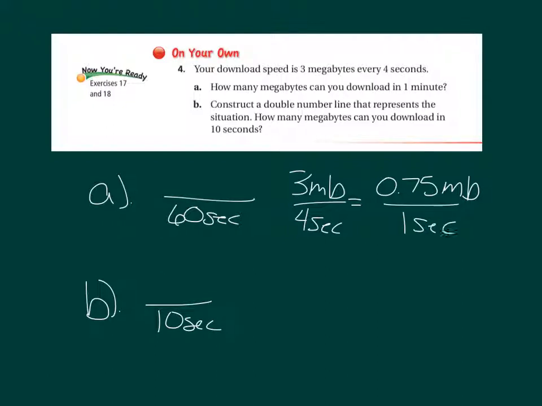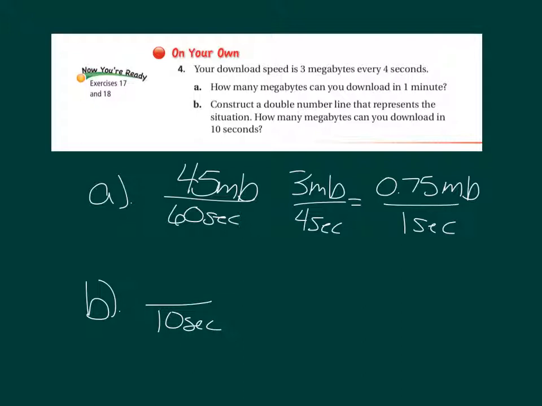And now if I want to find out how many megabytes I can download in a full minute, I have to take 0.75 times 60, because there's 60 seconds in a minute. So I'm going to punch that in, 0.75 times 60, and I would get 45 megabytes. So that's your answer for number 1, 45 megabytes.